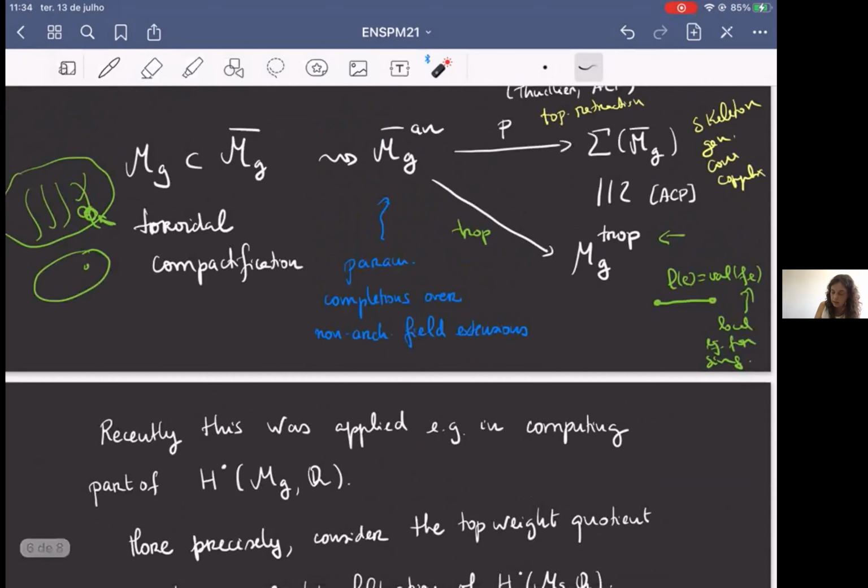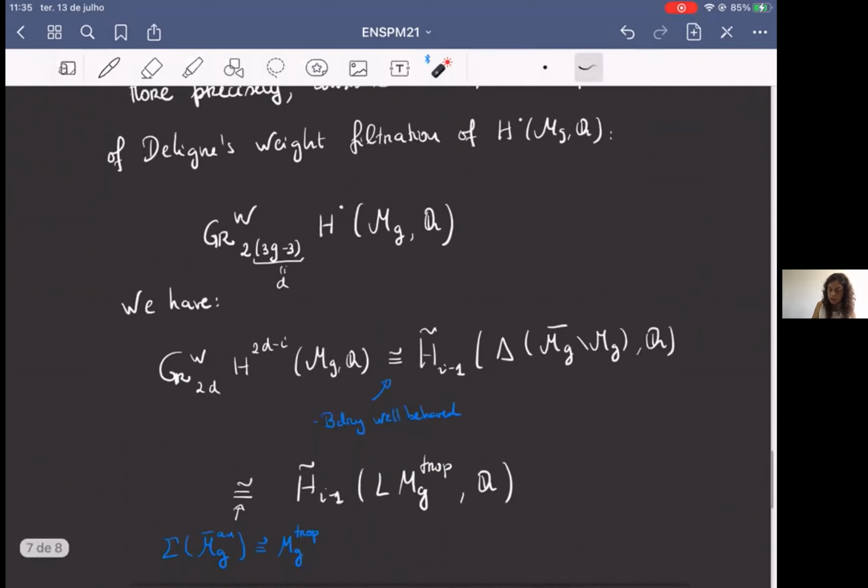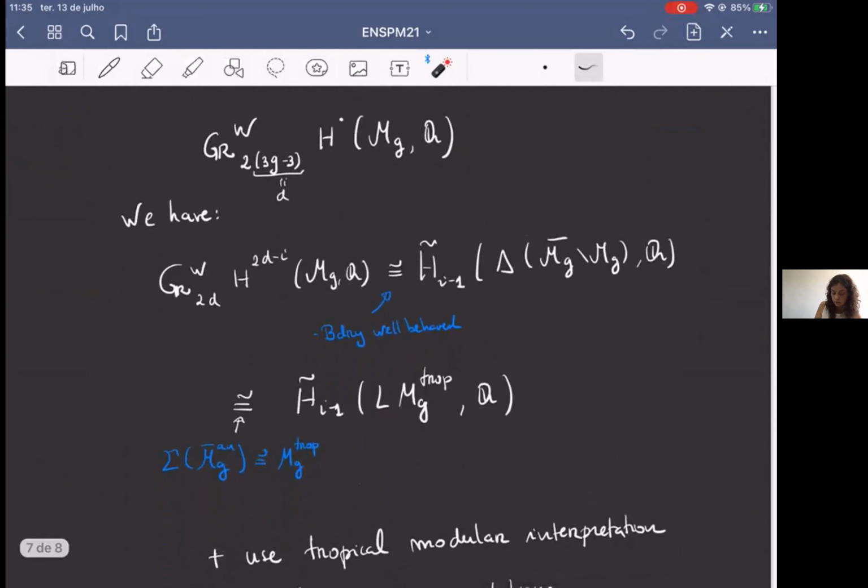Actually, I should say here that the skeleton is isomorphic to the link of Mg trop, where you just ask that all your weights have total volume 1. This is a generalized cone complex, and you just intersect it with a unit ball or something like that. So this is called the link. And so because of this isomorphism, you can then compute this homology by computing the homology of your link. Okay, this is just because we have this.